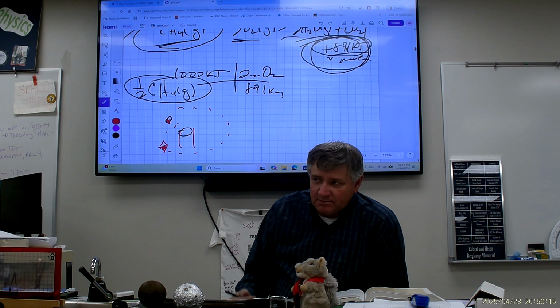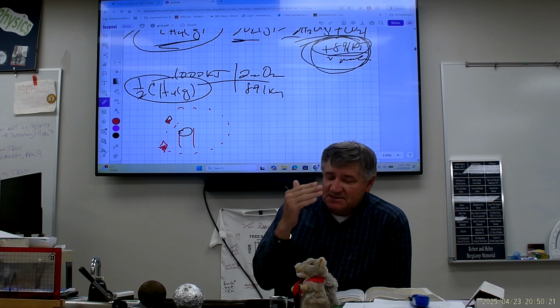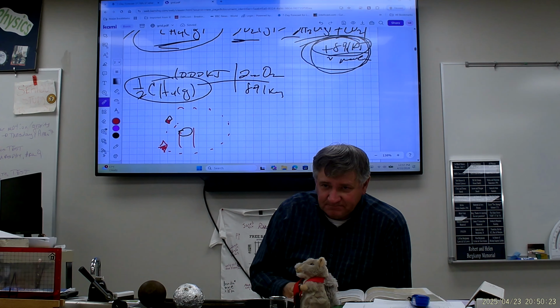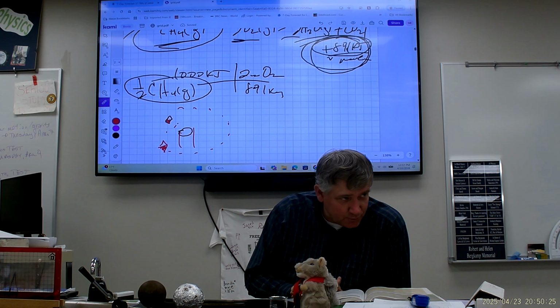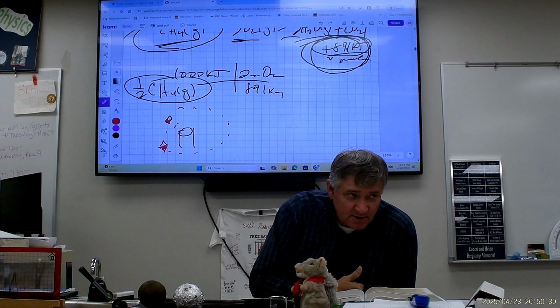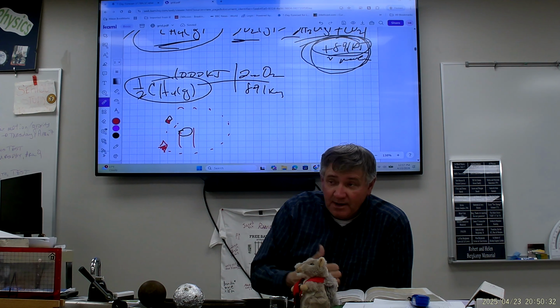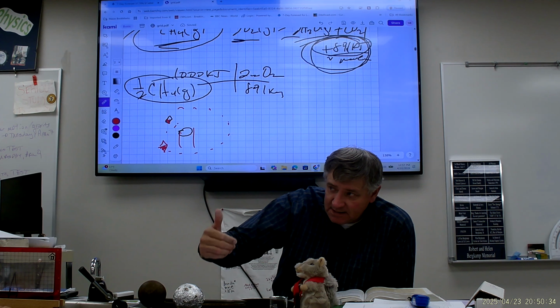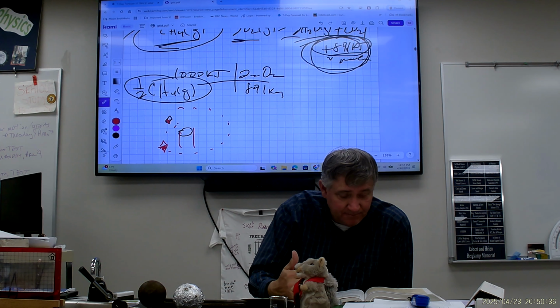So here's the deal. In the simplest application, which is going to be more complex after today, in the simplest application of the right-hand rule, you wrap your fingers in the direction the magnetic field is going, and then your thumb indicates the direction of the current.